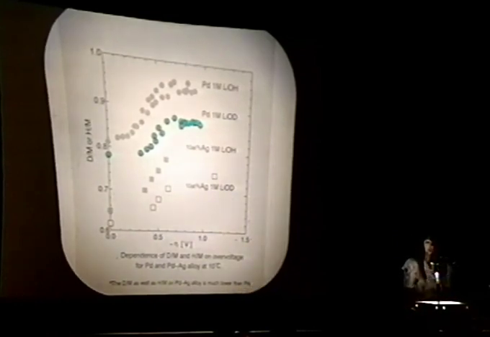This figure shows dependence of D/N and H/N on overvoltage for palladium and palladium silver alloy at 10 degrees C. The D/N as well as H/N on palladium silver alloy is much lower than palladium.